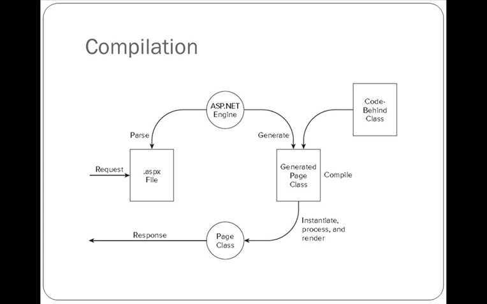That's what triggers everything, because the server then realizes that it is meant for special handling and processing. So the ASP engine gets the ASPX file, uses the code-behind class, generates a page class, and compiles it. It instantiates, processes, and then renders a page class that is sent back as HTML as the response to the browser.